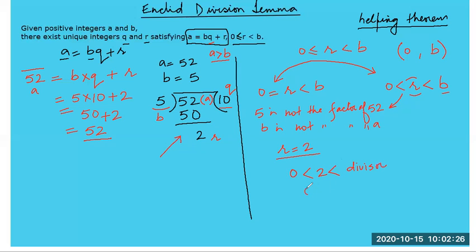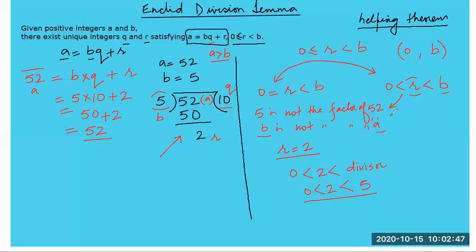Now what is the divisor? The divisor is 5. Always, students, r will be less than the divisor but greater than 0, in the case where b is not a factor of a.